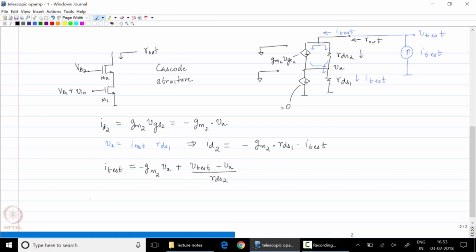So this means that I test times RDS2 is minus GM2 RDS2 Vx plus V test minus Vx. And now we can also write this in terms of I test, since Vx is equal to I test times RDS1, we will substitute this back.